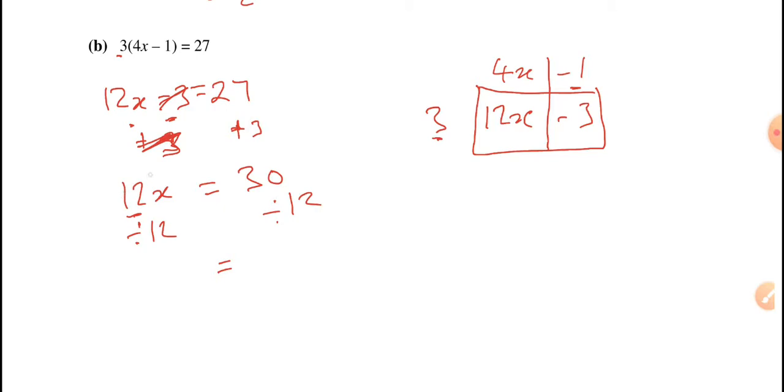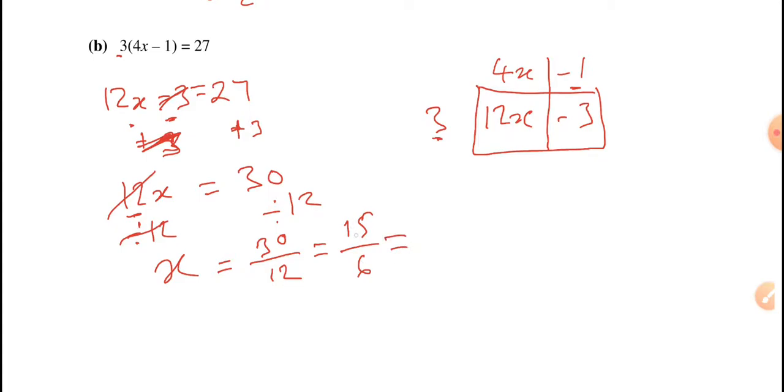On the left hand side, the times 12 and the divide 12 cancel out, leaving us with just x. And on the right hand side I'll have 30 divided by 12. Now that can be simplified. We can halve them both. Half of 30 is 15 and half of 12 is 6.